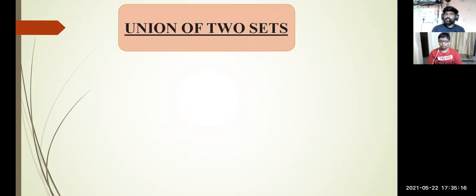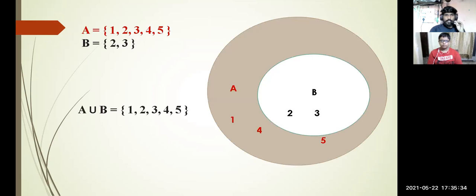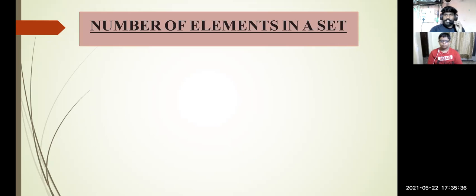Then the third thing is union of two sets. So union means all together. So writing the elements all together, that is a union of two sets. And then the last topic before we finish our lecture was the number of elements in a set.